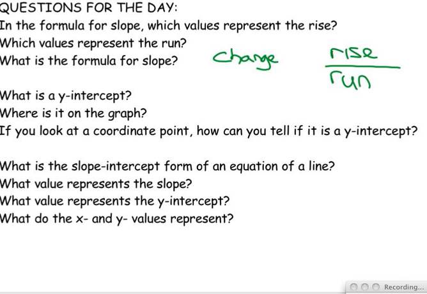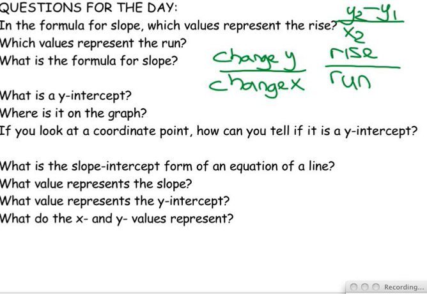This is going to be the change in x. So one of the ways it's written is y2, that's the second y point, minus y1 over x2 minus x1.